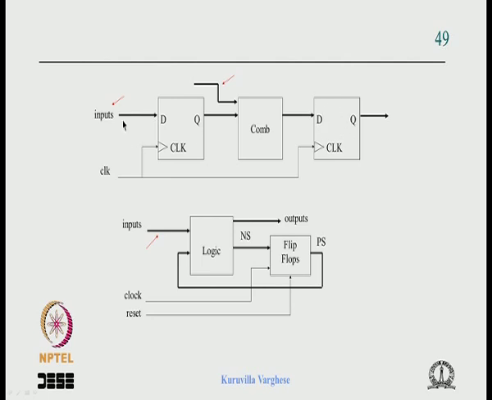Similarly, these inputs, we do not know where they are coming from. Maybe it is not from the same clock, or it is coming from a process which is not related to this clock. An example is something moving, and there is a limit switch; it touches a switch and that switch output comes here saying that the limit is reached.